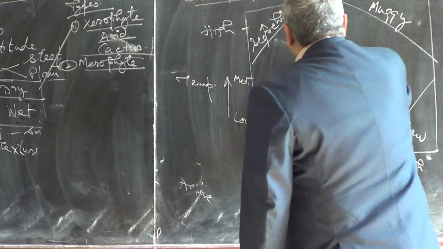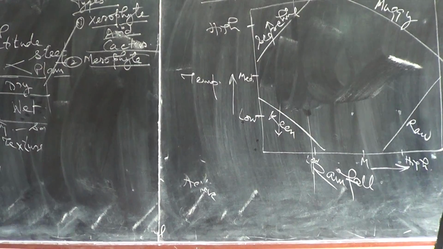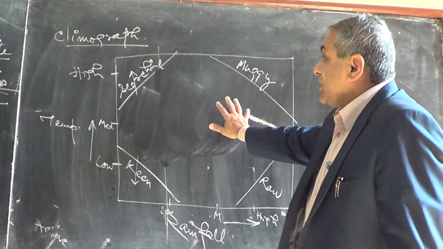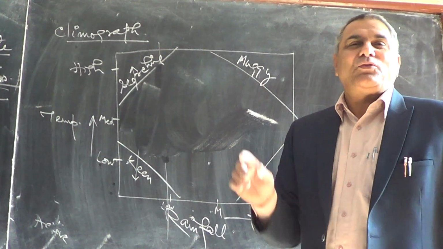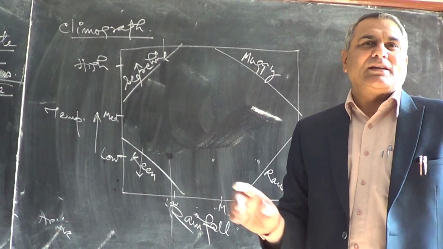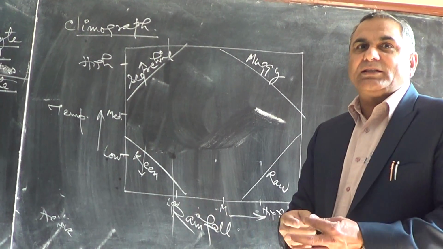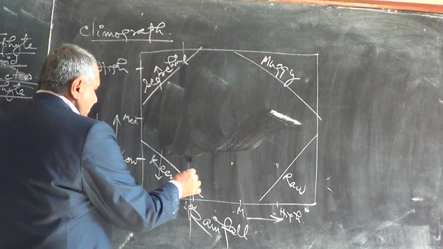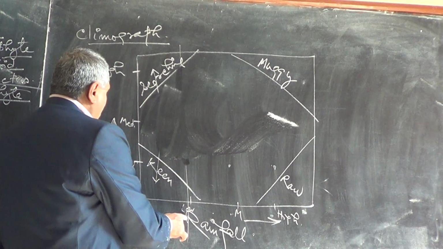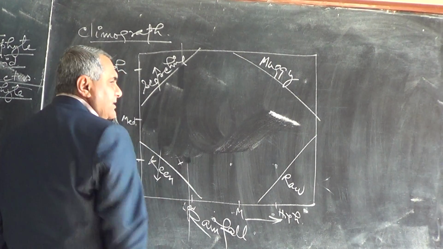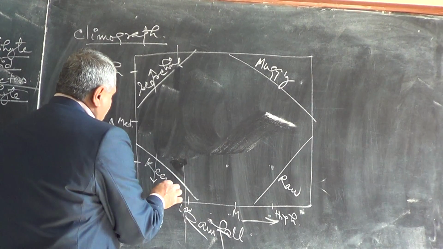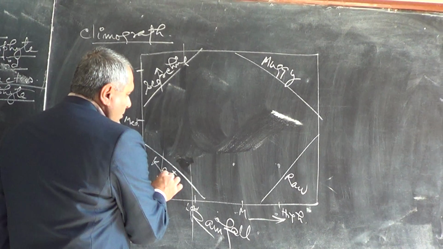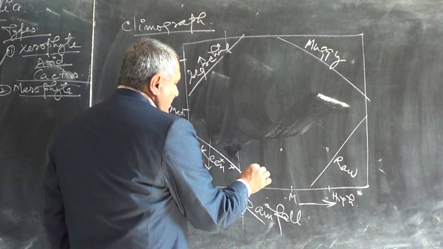Suppose I construct the climograph of Delhi and Trivandrum for all 12 months in a year. How to depict it? Its use will be clear then. In the month of January in Delhi we have low rainfall and low temperature.